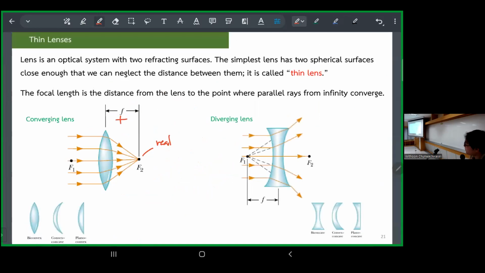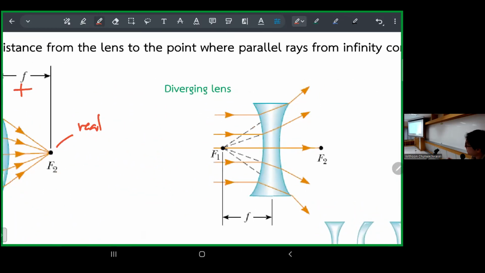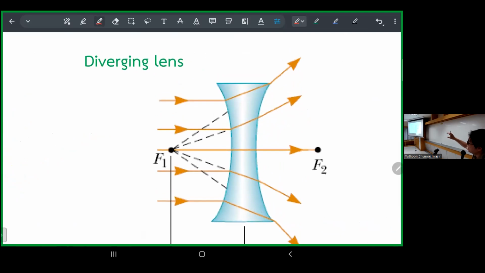Look at this. If you have a diverging lens, it means once the light hits the lens, it diverges out. The rays are never going to cross. But same thing, if you place your eyes here and take a look, your eyes will interpret that the rays are coming from this point, but that F over there is not real. So this is going to be your virtual focal point.